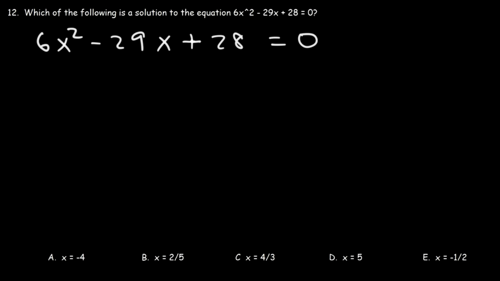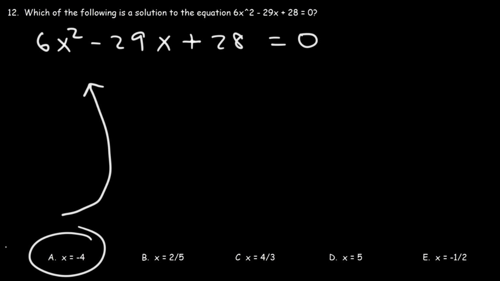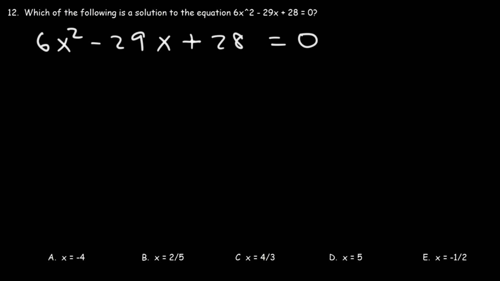If you don't know, you can take one of the answer choices, plug it in, and see if you get 0. That's one option. Another option is to factor. We have a trinomial where the leading coefficient is not 1. It's 6 in this case. So we can factor it, or we can use the quadratic formula to get the answer. So we're going to use the last two methods.